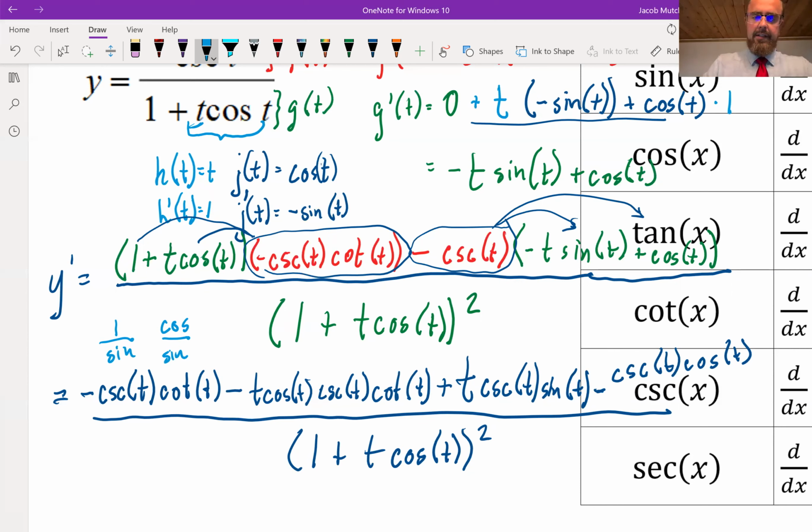Now let's investigate this next term, which has 3 in a row. So it's cosine of t. So that I wouldn't change. That's just itself. Cosecant of t is 1 over sine of t. And then cotangent is cosine over sine. Now, what I'm seeing is that I have really 2 cosine factors in the numerator, 2 sine in the denominator.